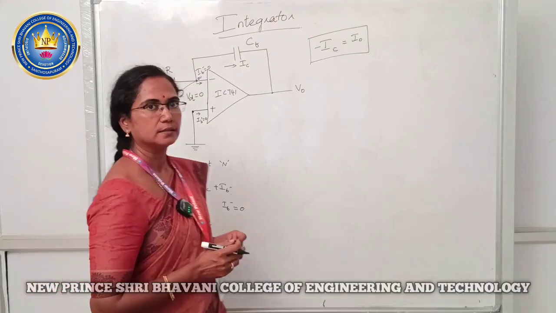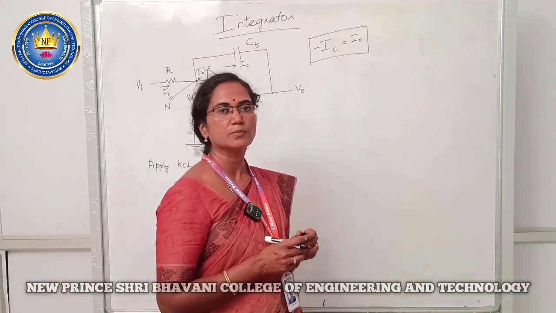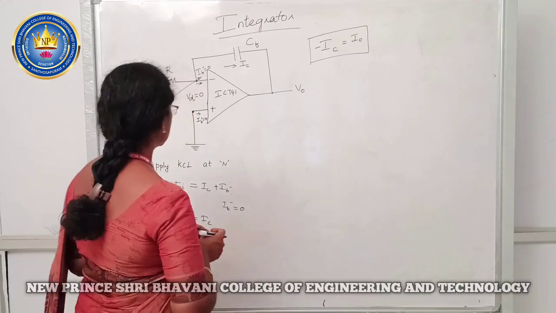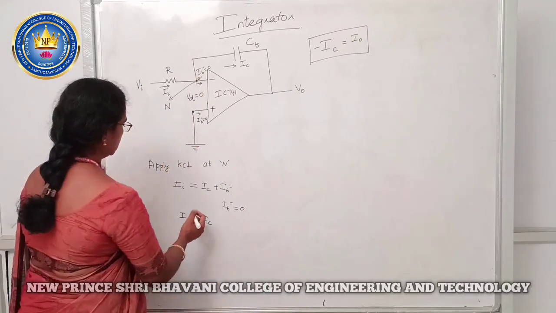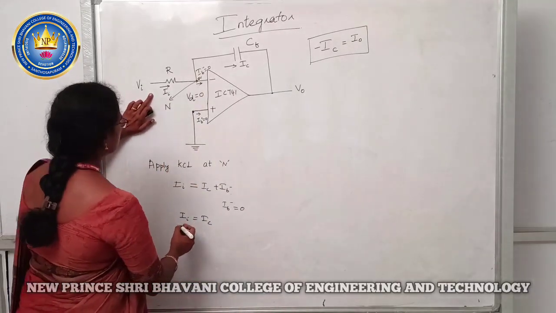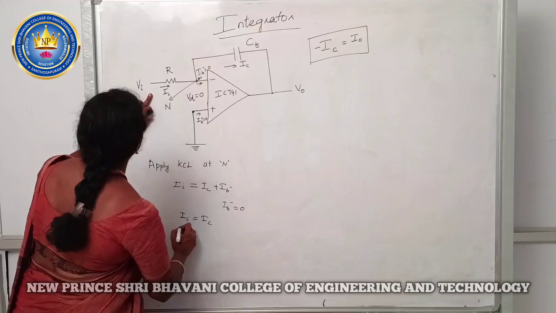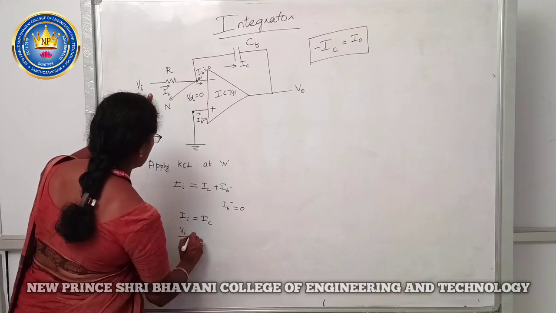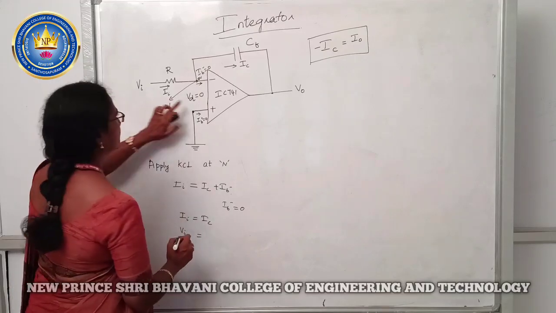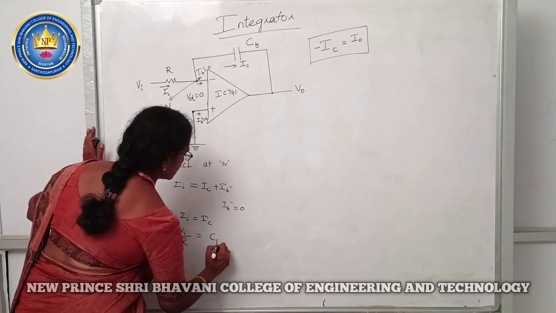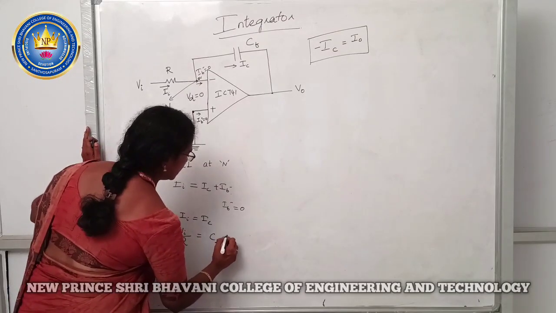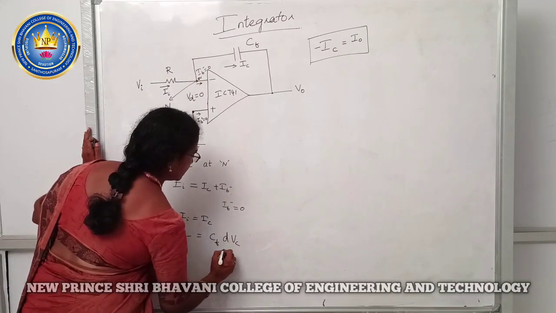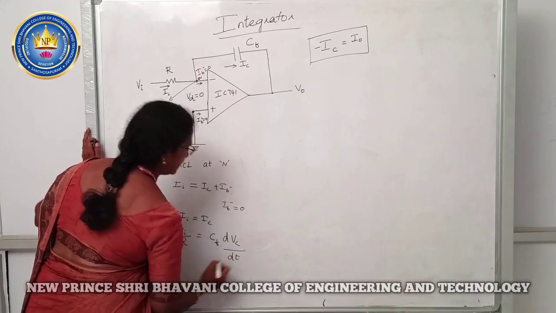Now, the currents have to be written in terms of voltage, resistance and reactance. Here the II will be written as VI by R, and this IC will be CF dVC divided by dt.